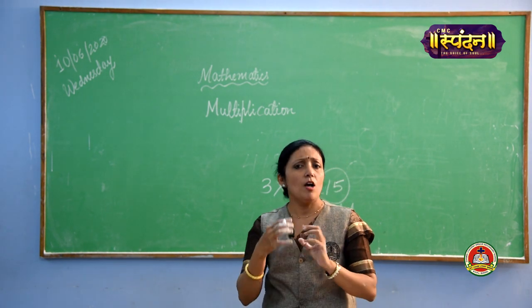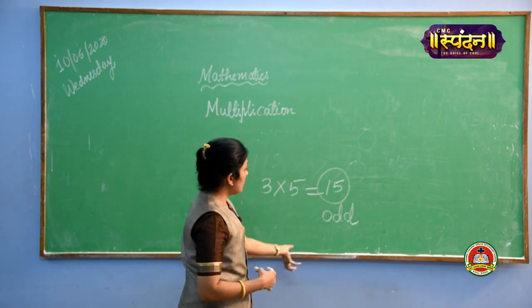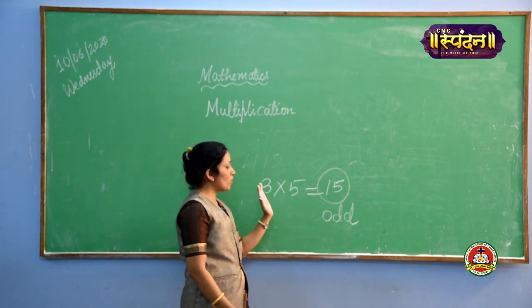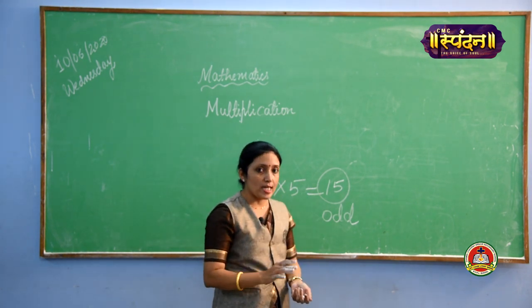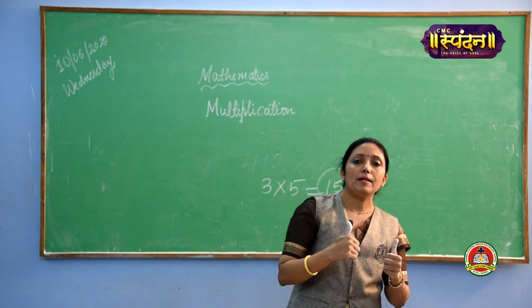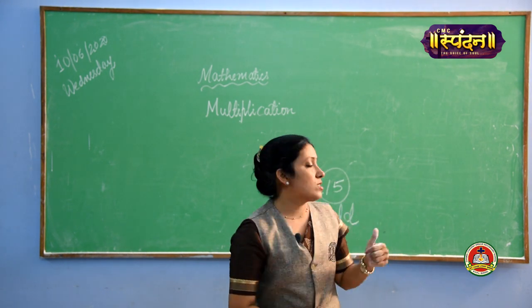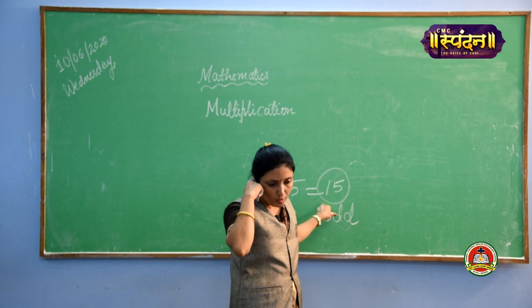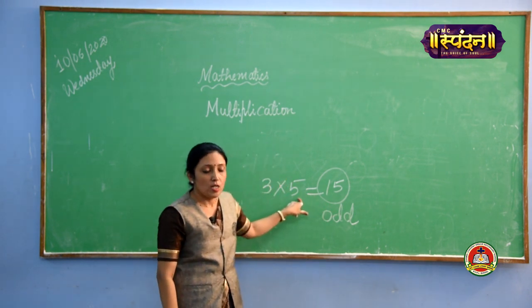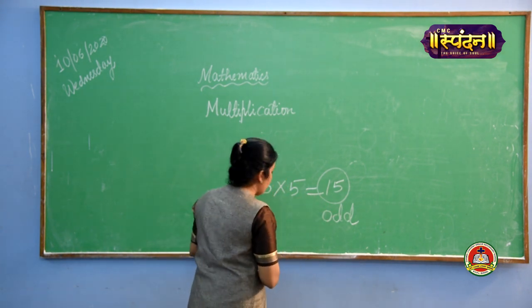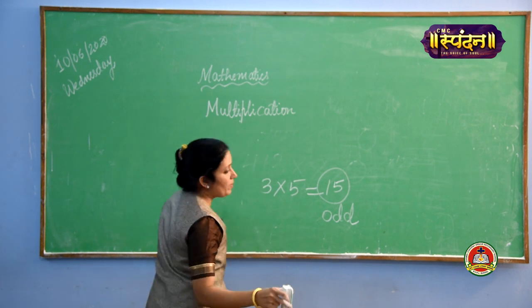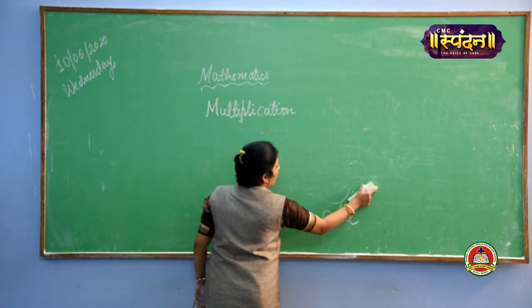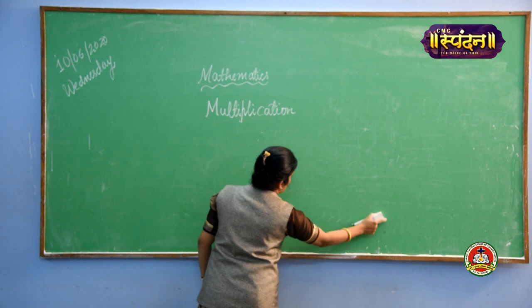This is just a quick look at these properties. So please keep in mind that whenever we multiply two odd numbers, the answer is always odd. Please remember this, children. And when we multiply a number by an even number, the answer will always be even.